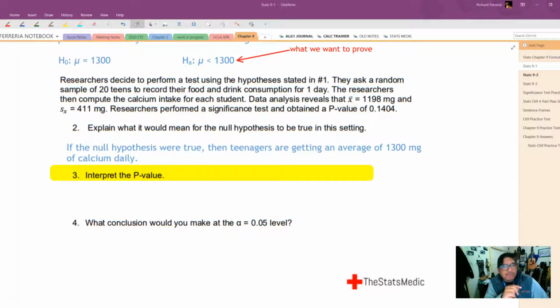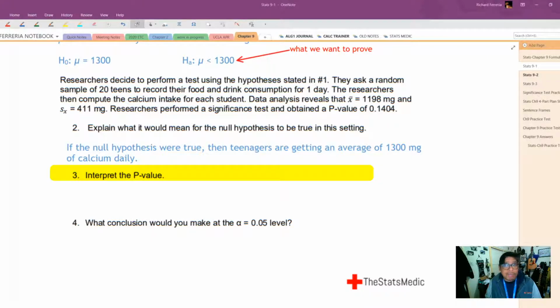And if that's true, that means that the probability of getting a sample that has a 1,198 milligrams average or less, that's the extreme part, that number or less, is 14.04.